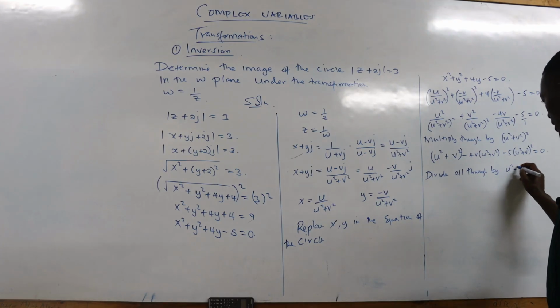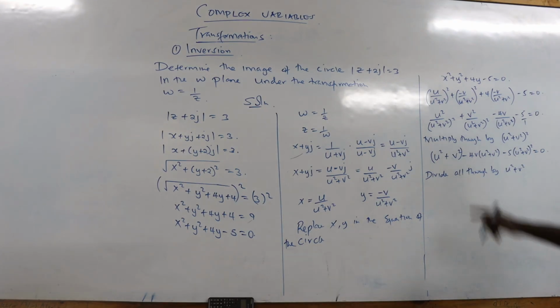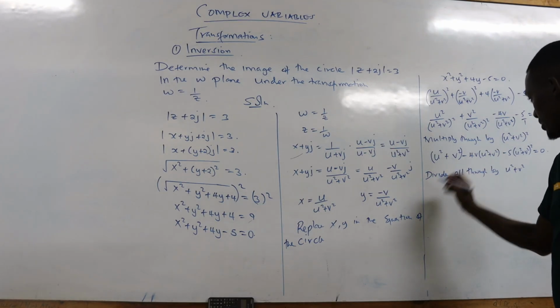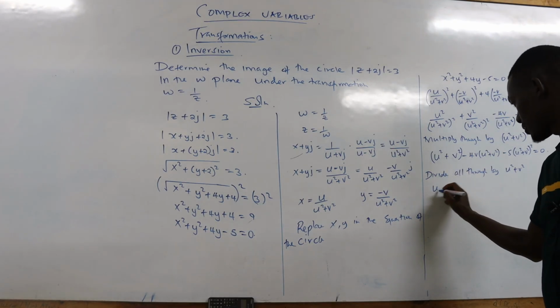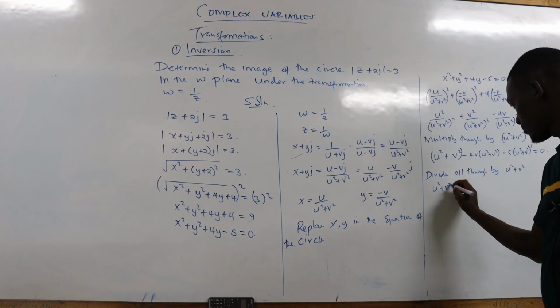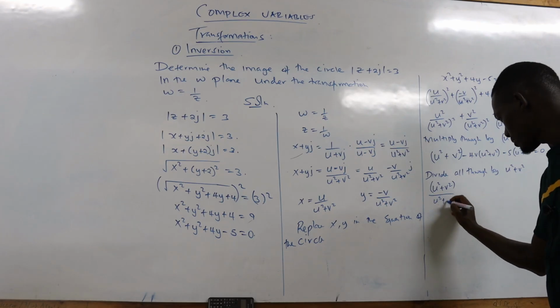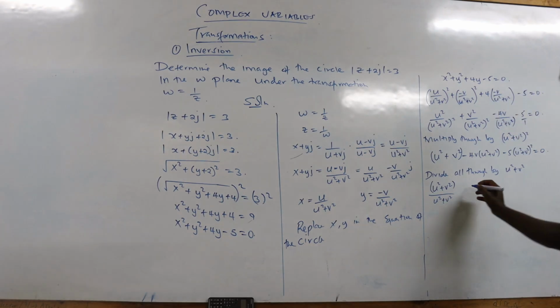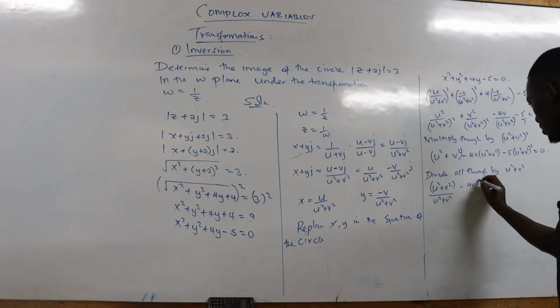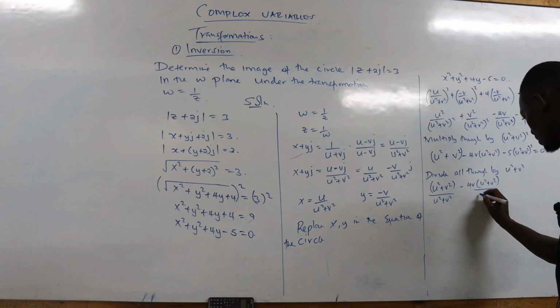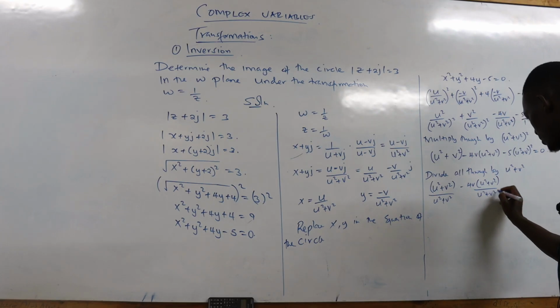by u squared plus v squared. So if you divide this term by u squared v squared, the first term, now let me just put it here so that we really understand what we are doing. So we have that term, we divide it by u squared plus v squared. Then you come to the second term, 4v u squared plus v squared into bracket, then divide also that with u squared plus v squared.